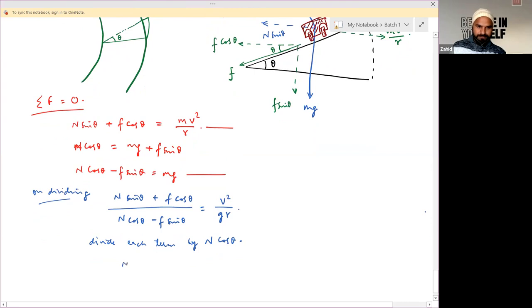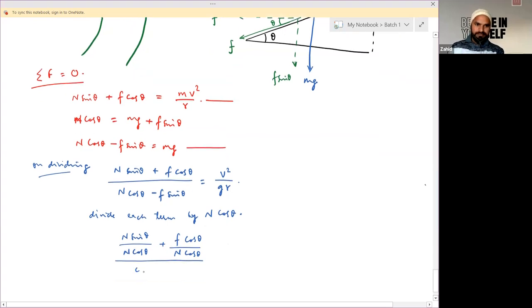So it will be N sin theta divided by N cos theta plus f times cos theta divided by N cos theta, whole divided by N cos theta divided by N cos theta minus f sin theta divided by N cos theta, equals velocity square over g times r.